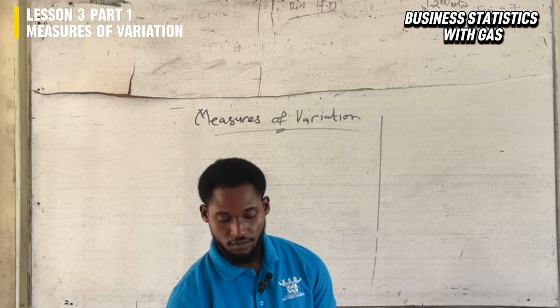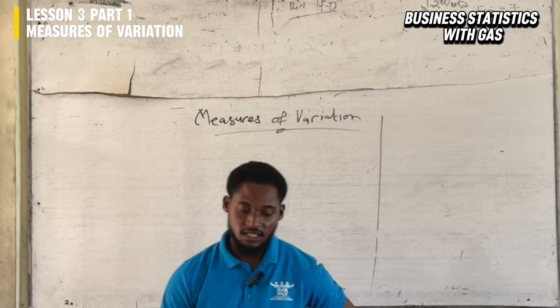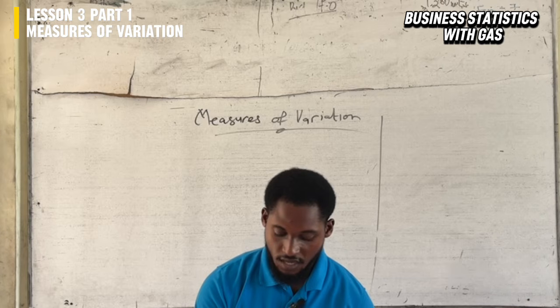So now we have an example here. It says compute the mean deviation for the frequency distribution for the table below. It shows the annual income of 50 employees.